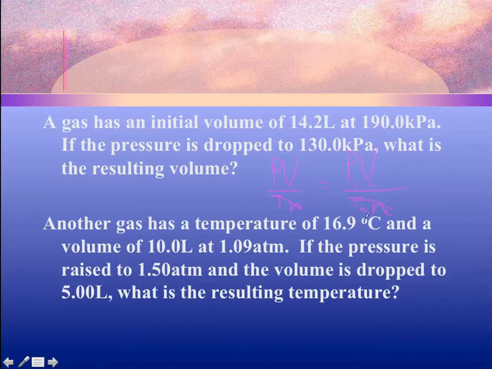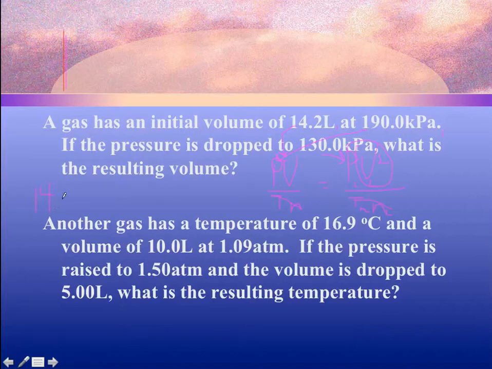So we don't really care about the others because those are held constant, so we can cross those out because they would be constant on both sides. The only thing that's changing is our V1 here, and P1. We have a P2, so we just want to look at what the volume is. So we can put those values in, so this would be volume 1, pressure 1, this would be pressure 2, and we're just solving for V2.